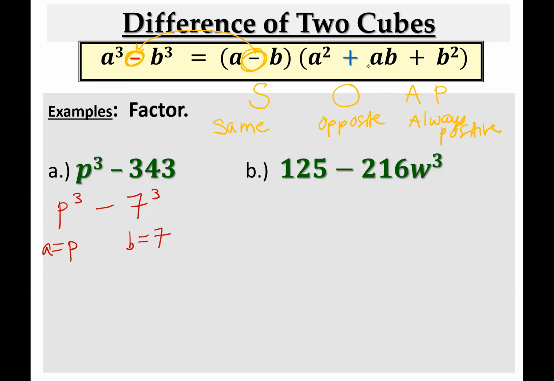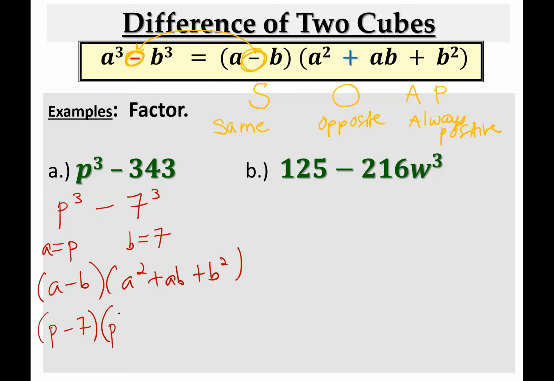Now I'm going to copy down the formula, a minus b, a squared plus ab plus b squared. And then let's fill it in. Instead of a minus b, let's write p minus 7. Then in the second parentheses, instead of a squared, let's write p squared plus a times b is p times 7, but we'll write 7p rather than writing p7.